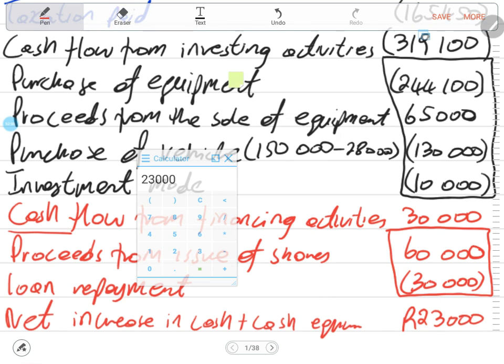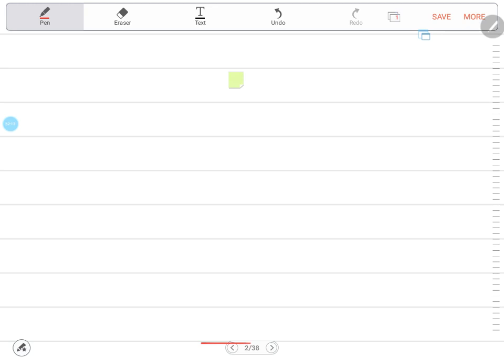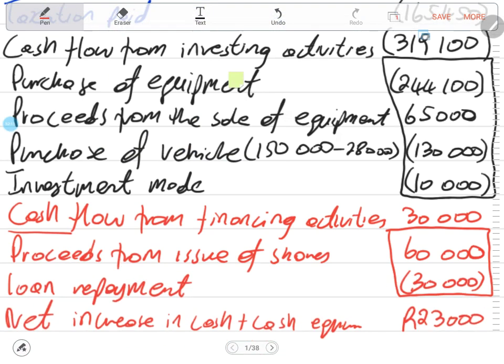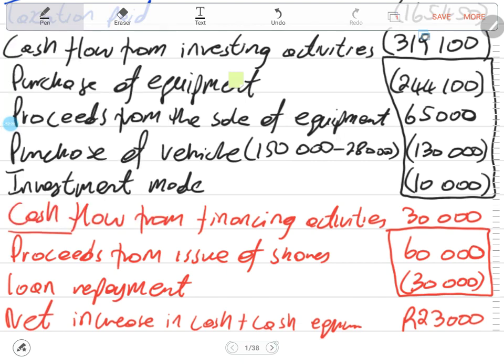Now the second part. Please make sure that you don't do what I'm doing because of the limitation of space. The cash and cash equivalent at the beginning and cash and cash equivalent at the end are supposed to be on the same page, not on the next page.